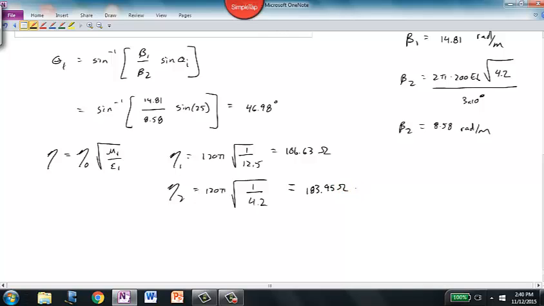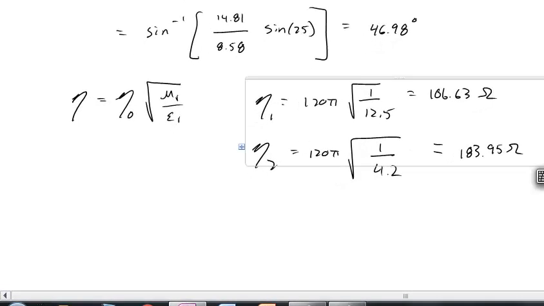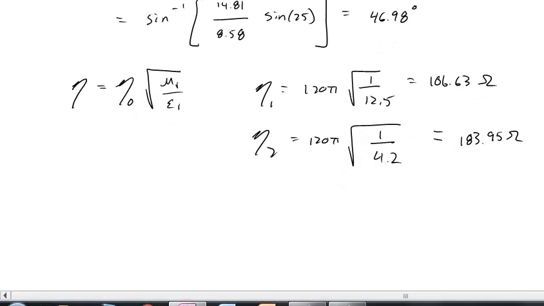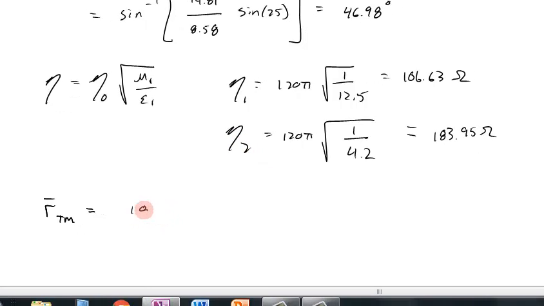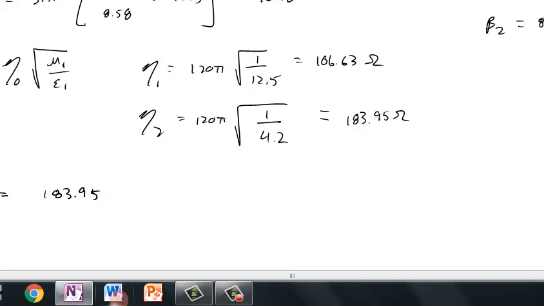So now we've got the angle of incidence, the angle of reflection, the angle of transmission. We know the wave number for media 1 and media 2, and we know the intrinsic impedance of material 1 and material 2. So now what we need to do is calculate the reflection coefficient and the transmission coefficient for the TM mode. So the reflection coefficient for TM is going to be eta 2, which is 183.95, times the cosine of the angle of transmission, 46.98 degrees.